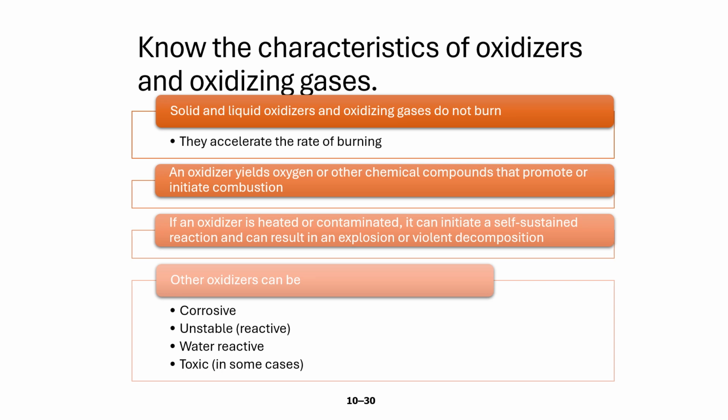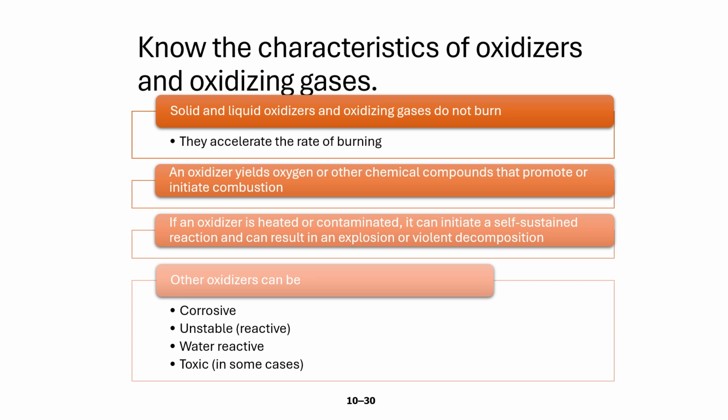If an oxidizer is heated or contaminated, it can initiate a self-sustained reaction and can result in an explosion or violent decomposition. Oxidizers can also be corrosive, unstable, water reactive, or toxic.